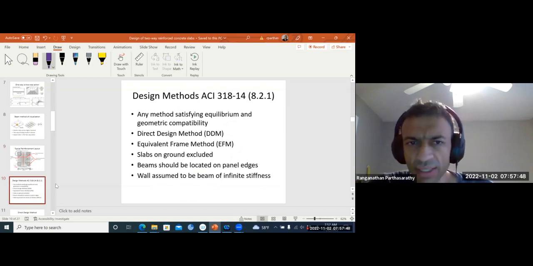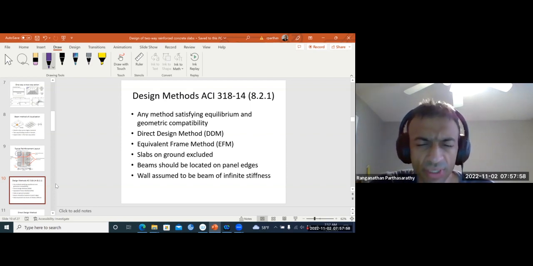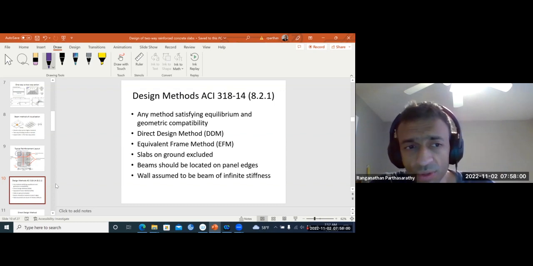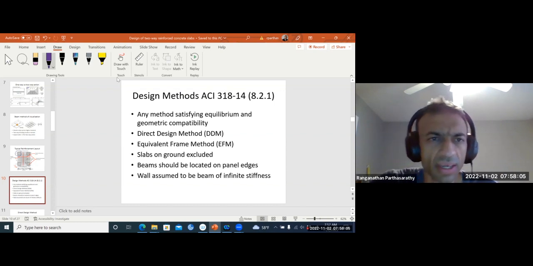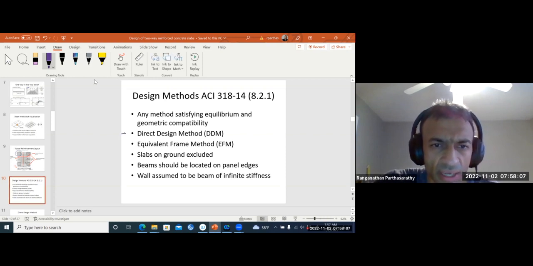So in the ACI code, any method which satisfies equilibrium, mechanical equilibrium, and geometric compatibility can be used. The two most popular methods for design of two-way slabs are the direct design method and the equivalent frame method.